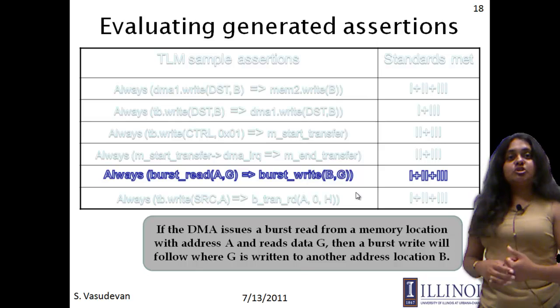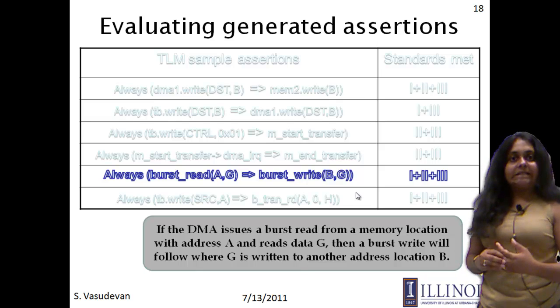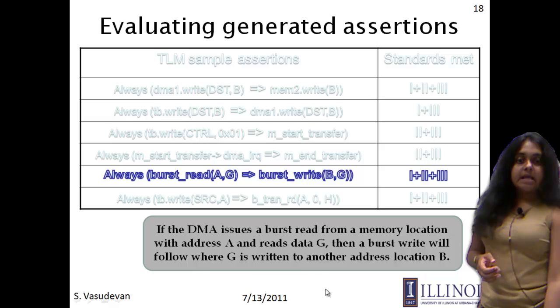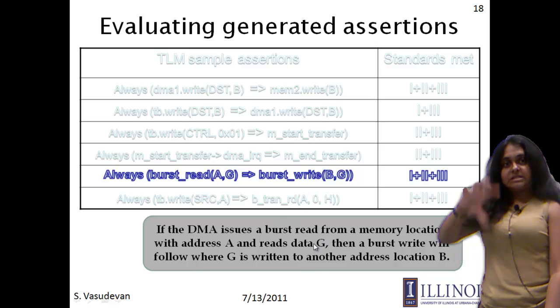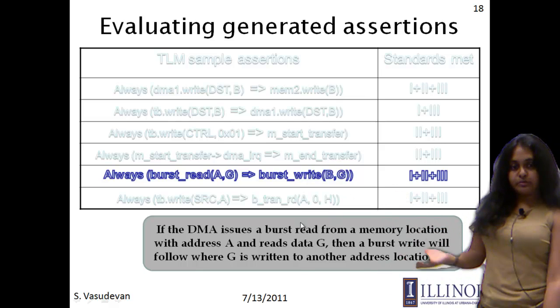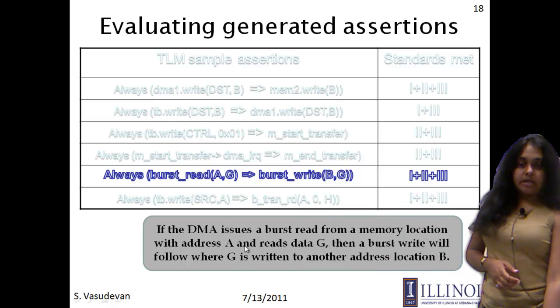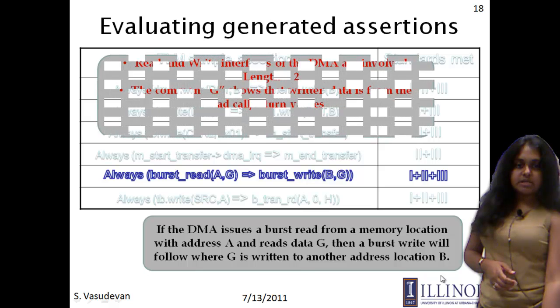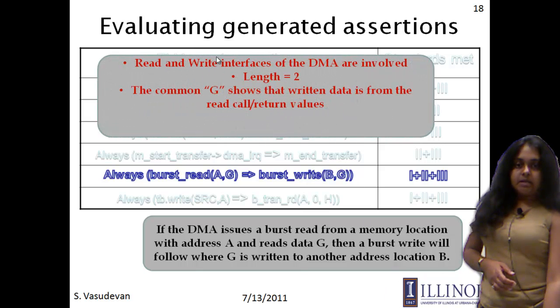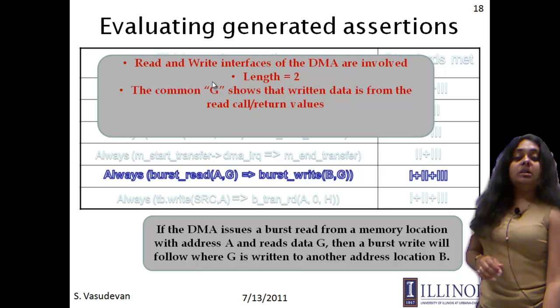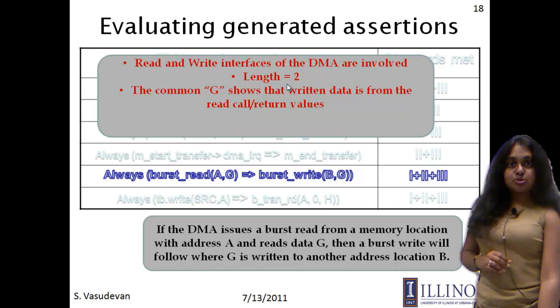Since these are sequential pattern mining generated assertions, the assertions will always have the form: if something happens, then another event will follow. This is just to give you an idea of what these assertions mean. And here we see why it subscribes to all three standards, because the length is 2.